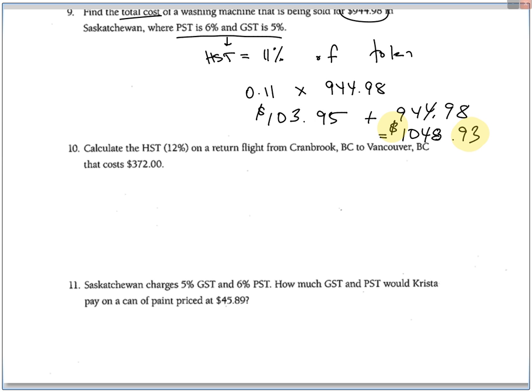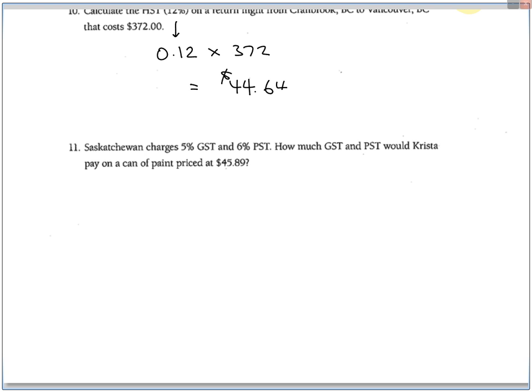Alright, next one's identical. Change to decimal, times by the total. Alright, so this one's giving you the 5% and the 6% for GST and PST respectively. And they ask for how much the GST and the PST are.